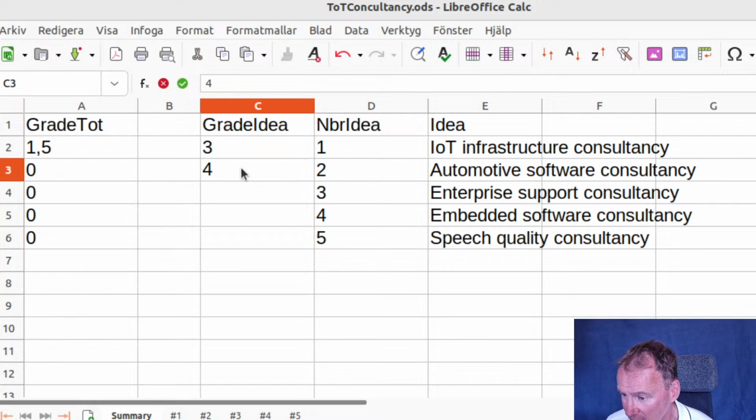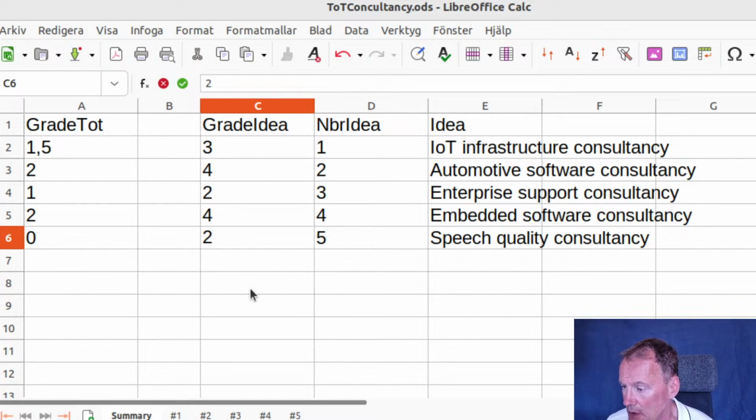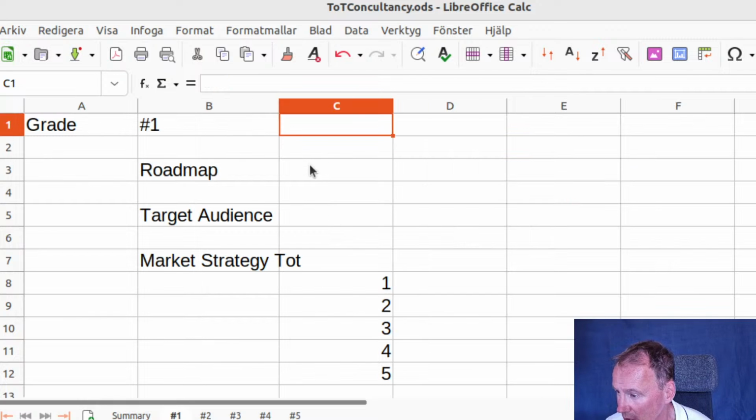Automotive gets a 4, enterprise support 2, embedded 4, speech quality 2. And then for each of these 5 ideas, we have this one.